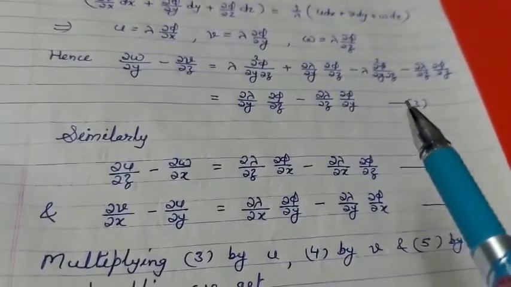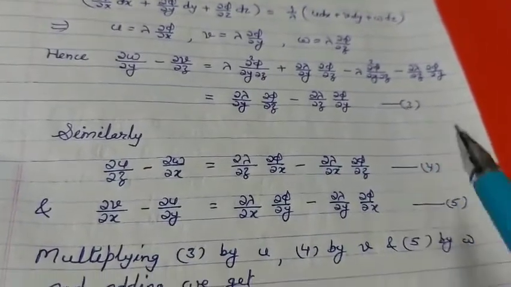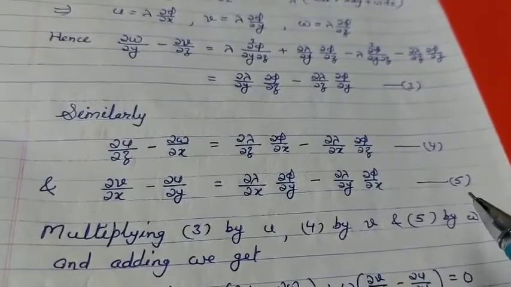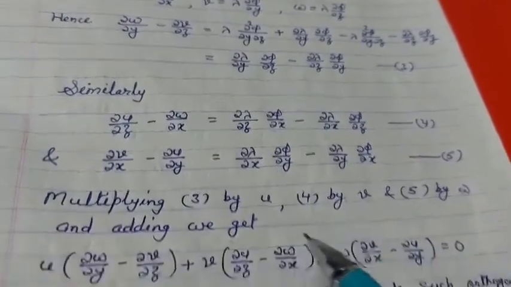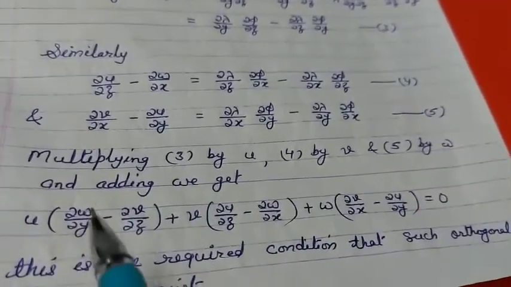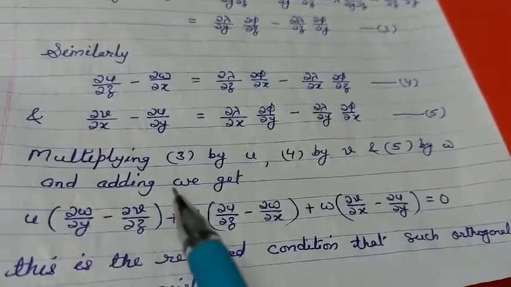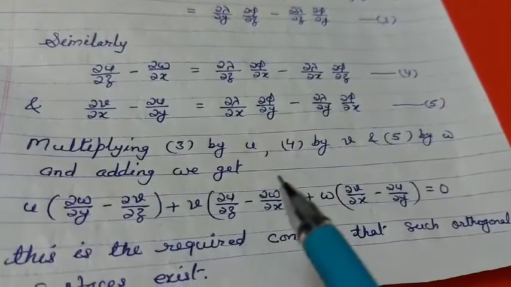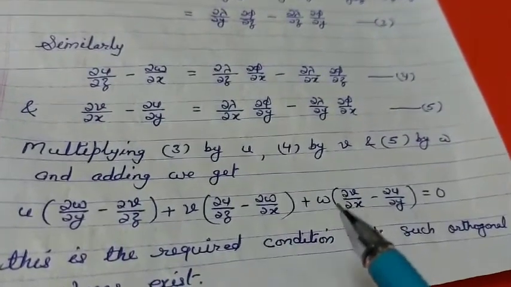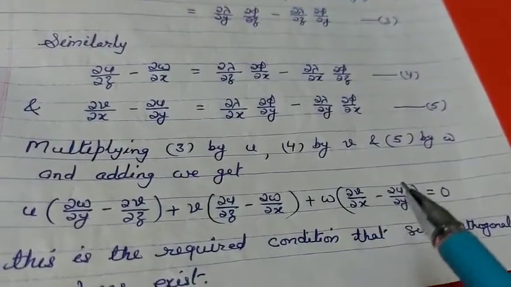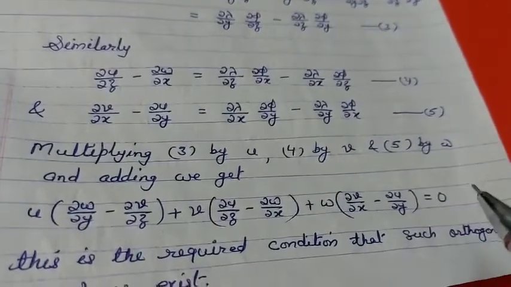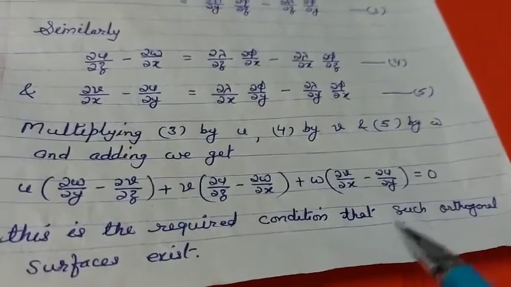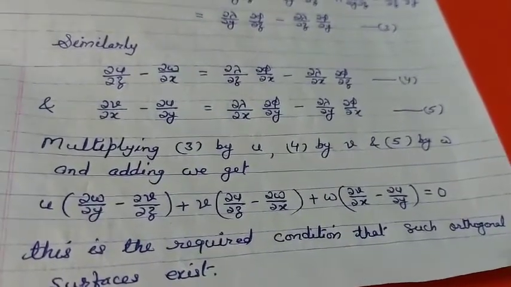Now multiplying equation 3 by u, equation 4 by v, and equation 5 by w, and then adding, we get u multiplied by del w by del y minus del v by del z, plus v multiplied by del u by del z minus del w by del x, plus w multiplied by del v by del x minus del u by del y is equal to 0. And this is the required condition that such orthogonal surfaces exist.